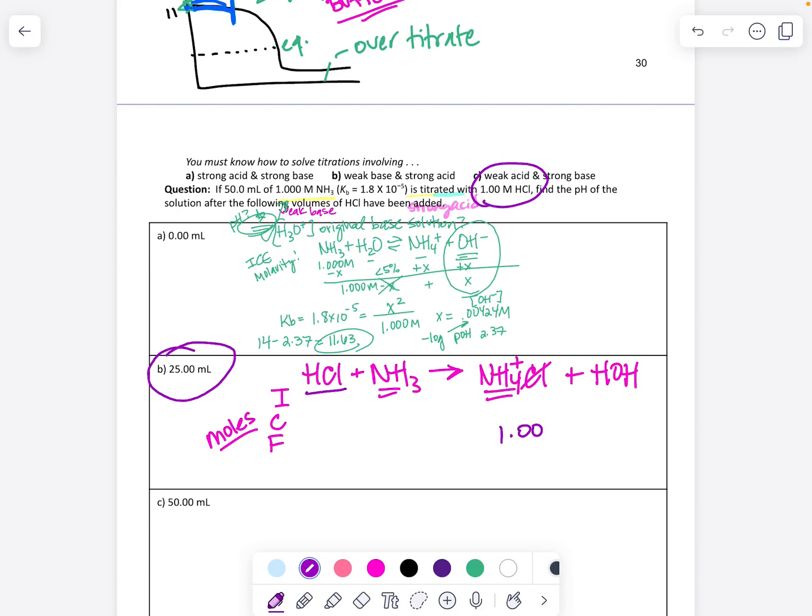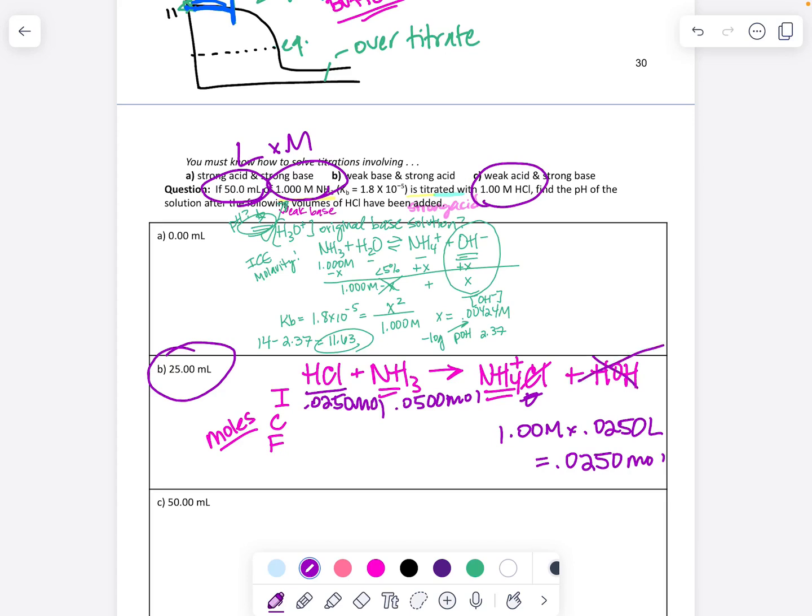So 1 molar times 0.0250 liters is 0.0250 moles. That's what we had. And then for my base, there's 50 milliliters of it initially, and it's 1 molar. So liters times molarity, I get 0.0500 moles. And then initially, I don't have any salt. I didn't add any in there. And the water, again, is not really part of our calculation.